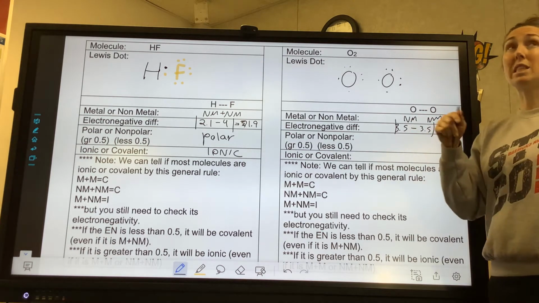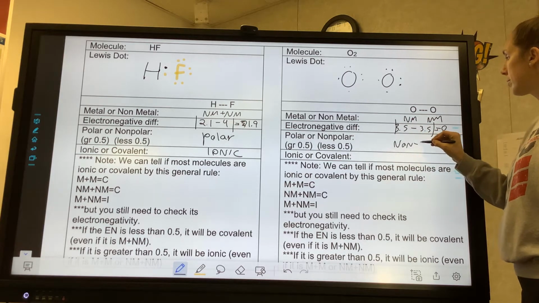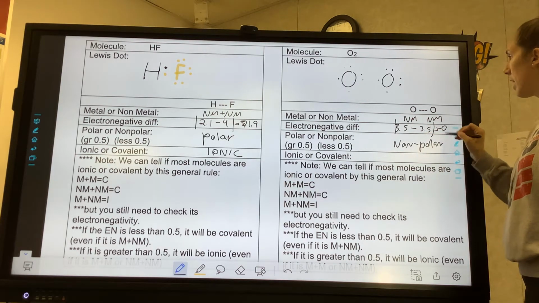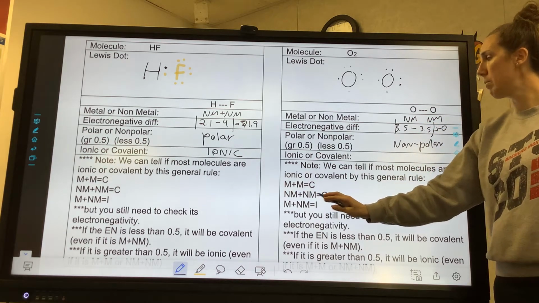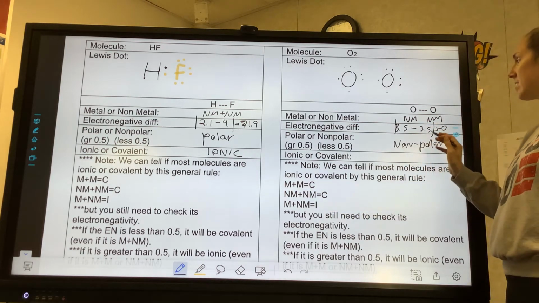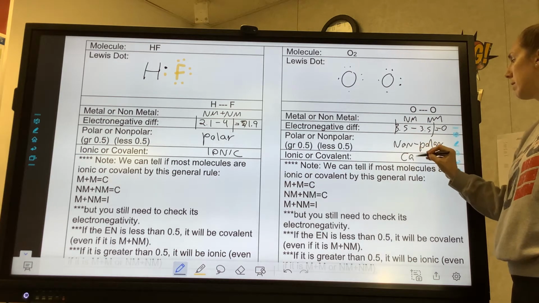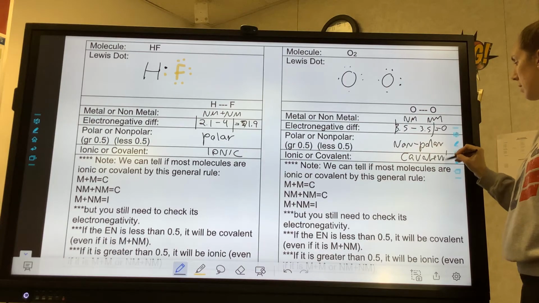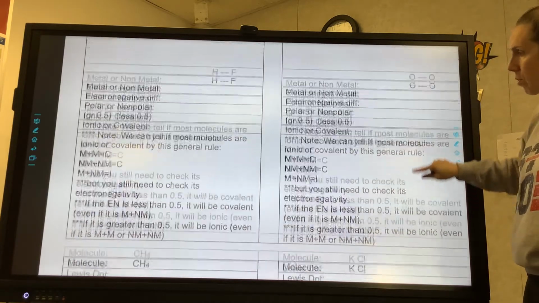So 0 is less than 0.5, so it is going to be nonpolar. And it is non-metal, covalent, and its electronegativity is nonpolar, so it definitely is covalent. Okay, let's move to the next 4.